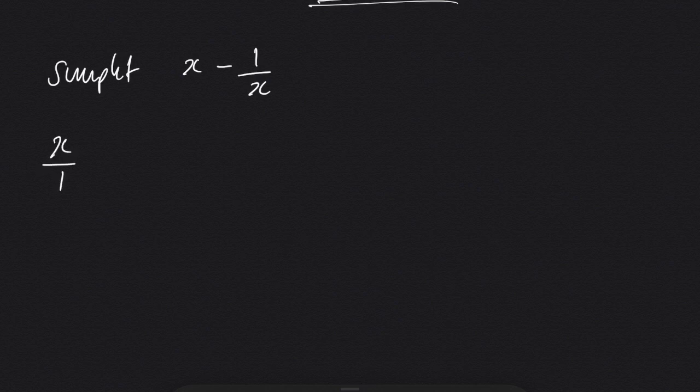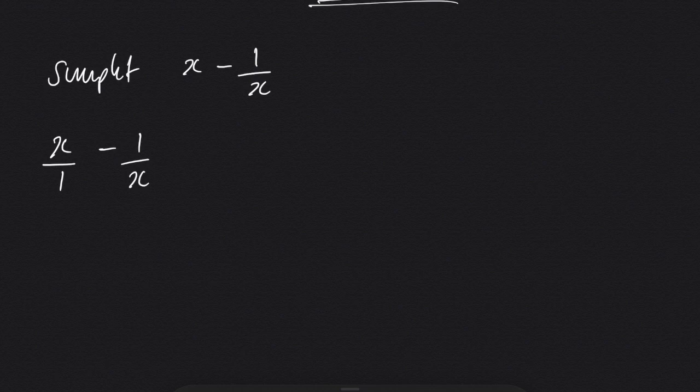So what happens if we get asked to simplify x minus 1 over x? Okay, right, so our first step is to realize what we actually have as a set of fractions. So x over 1 minus 1 over x. Okay, it's not divided by 0, as you remember from the first lecture. So we need some common denominators here.